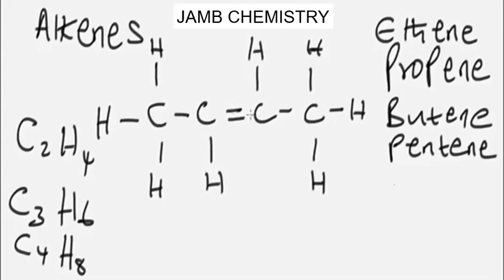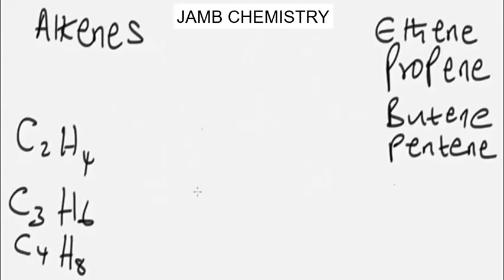Now, another way you can draw the structure of butene is like this. You can choose to put the double bond at the extreme instead of putting it at the middle. So we're going to have this structure.